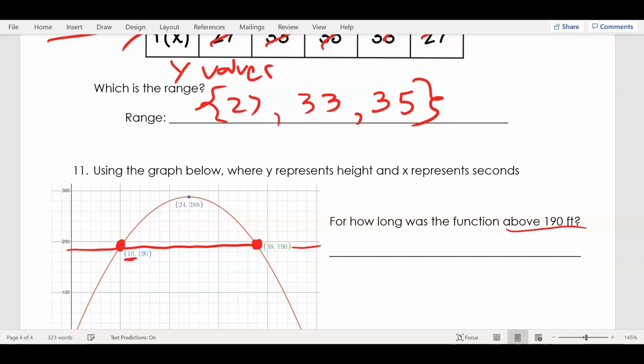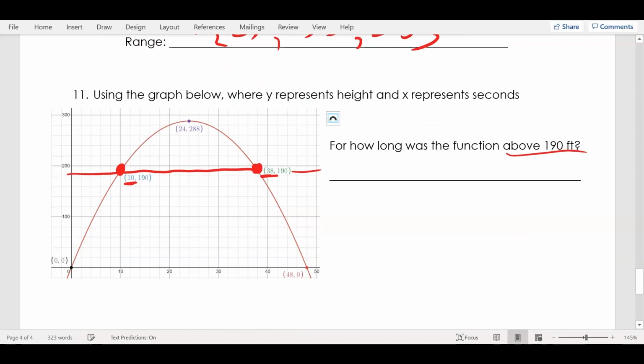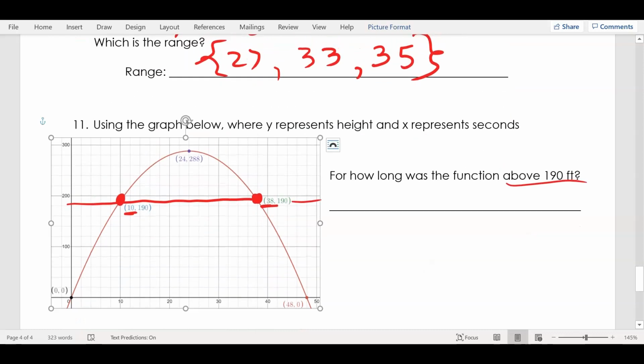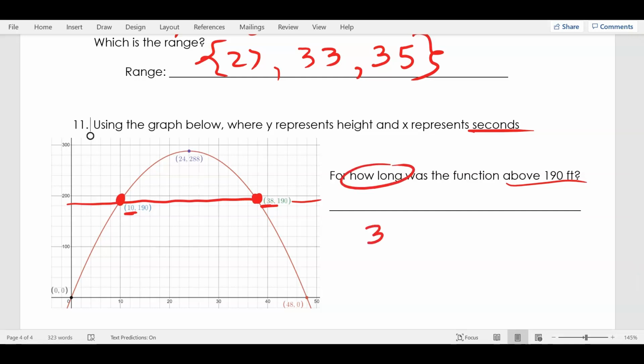So it's between 10 and 38 seconds, right? So to find how long, I'm going to take the top number 38 minus the bottom number 10, and we'll get 28 seconds.